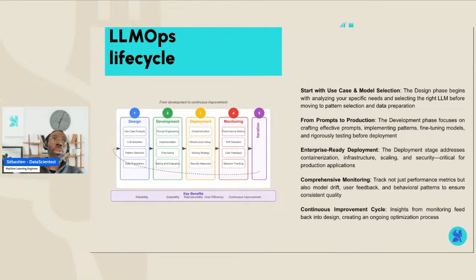At the design step, for example, you will have to properly understand and frame your use case and select the LLM that will be used, because not every type of LLM is suited for your need. If you simply want to do some sentiment analysis, you can do it, but it will not be efficient to use a model like O1, for example, for that.